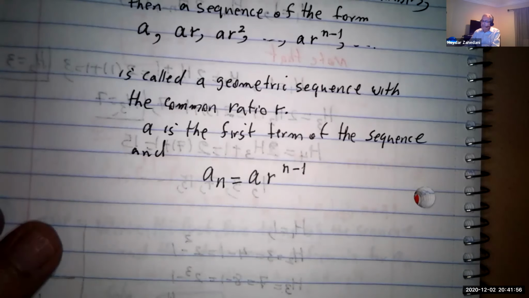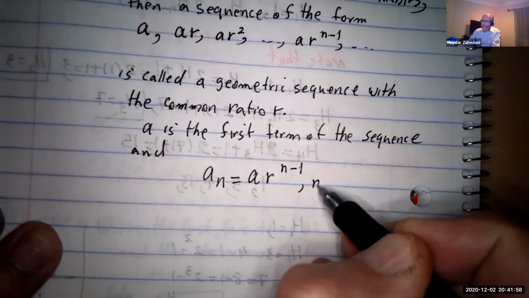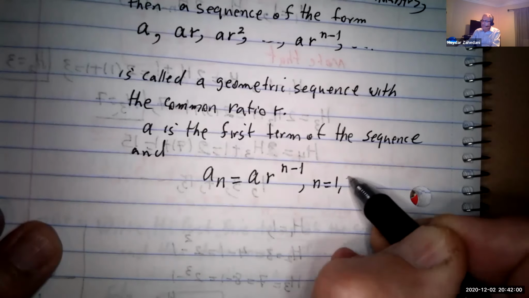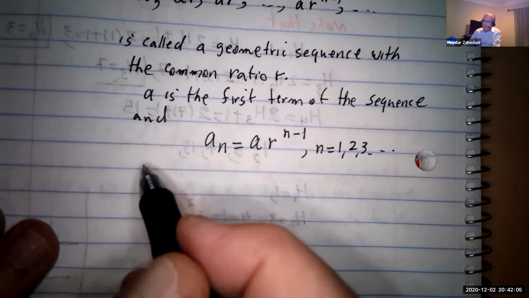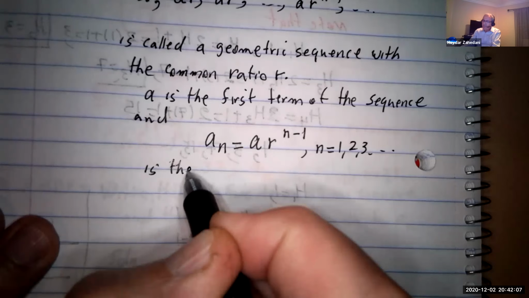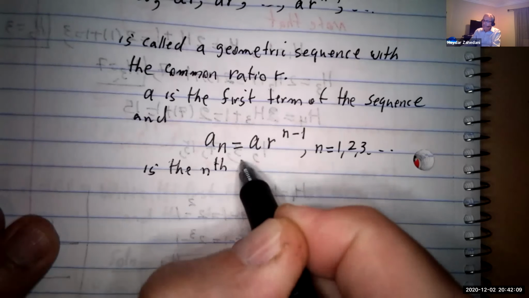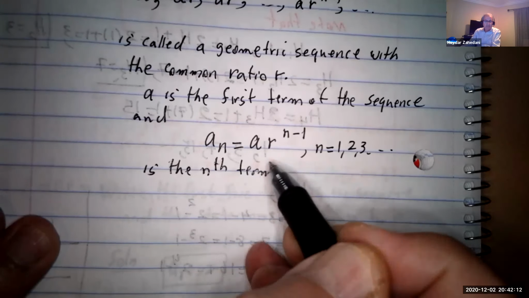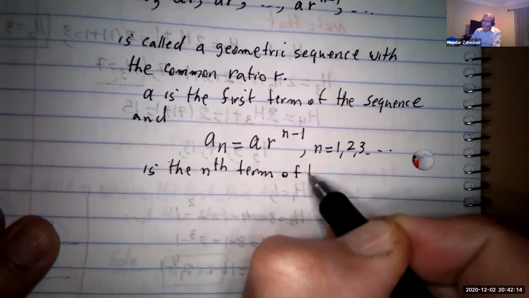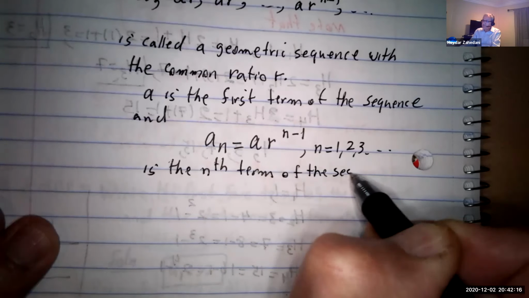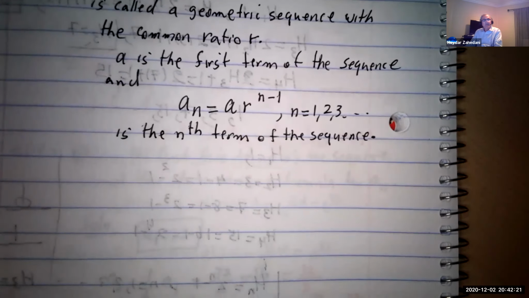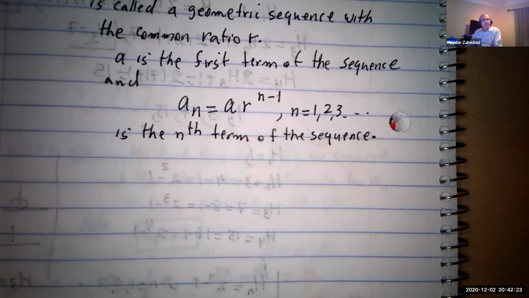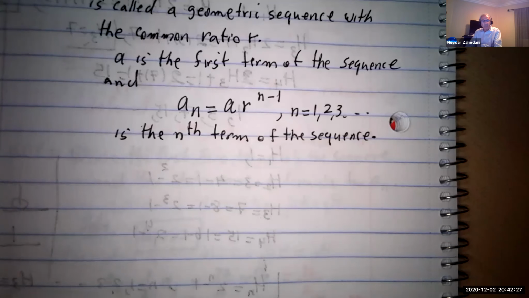This is your general term for n equal to 1, 2, 3, etc. So this is going to be the nth term of the sequence. So it's very easy to identify. And because of this format, they are such a popular one in science. Many applications.